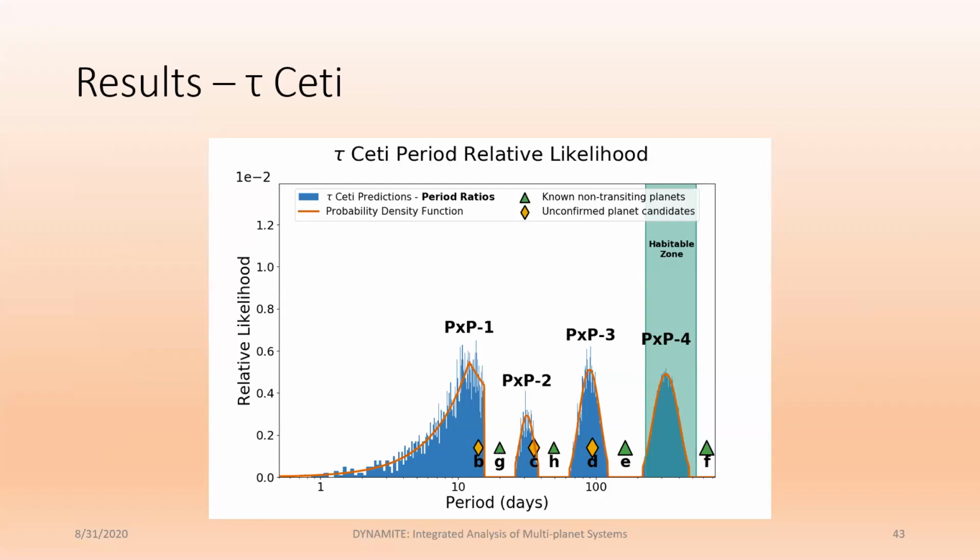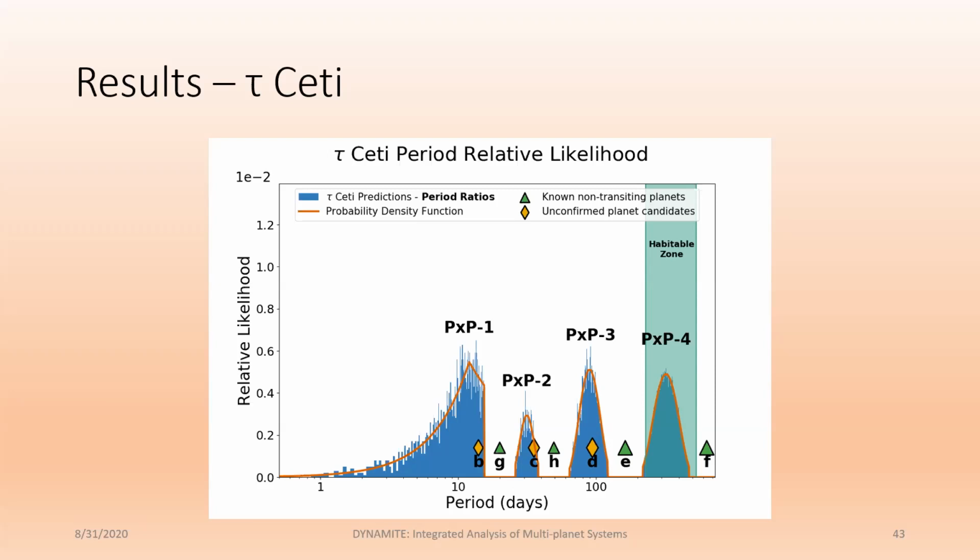And so here we show our predictions for the Tau Ceti system using the equal period ratio prescription. This is the same as the previous plot, where the non-transiting known planets are in green triangles and the unconfirmed planet candidates are in gold diamonds.